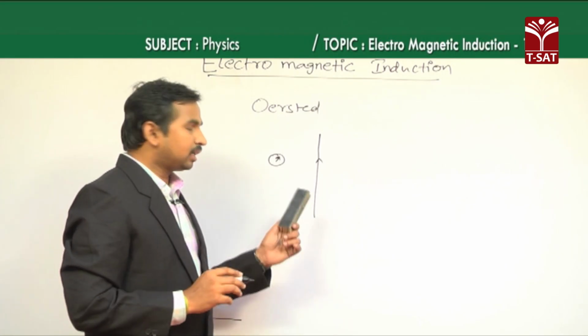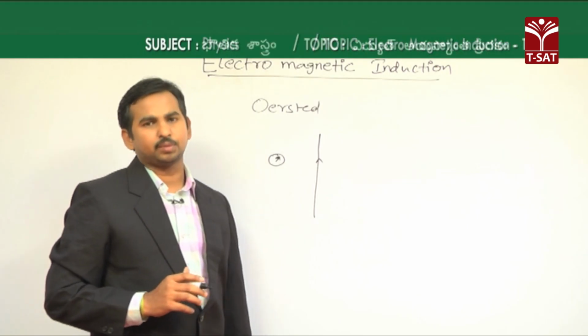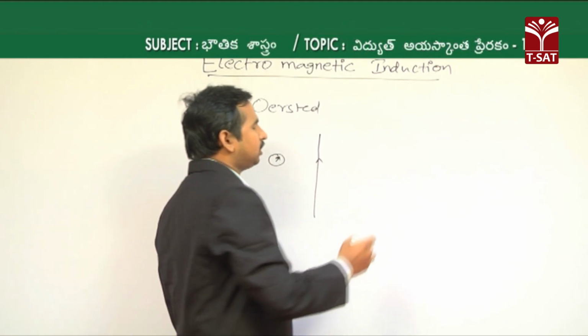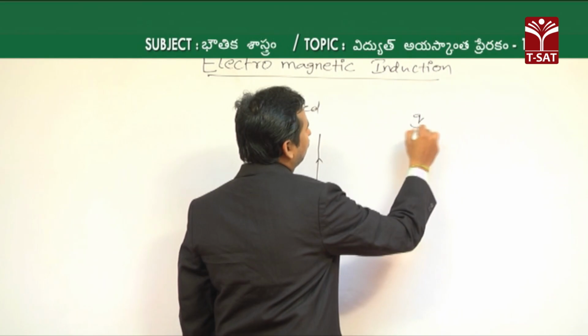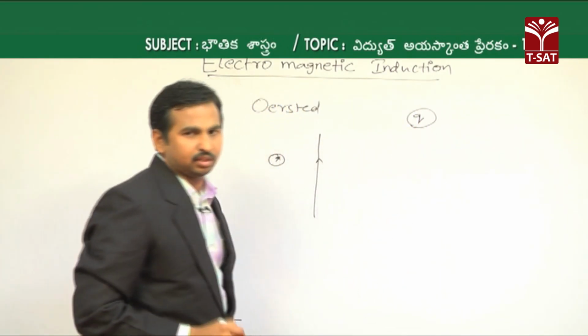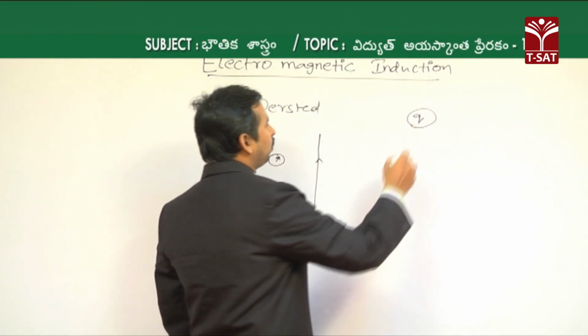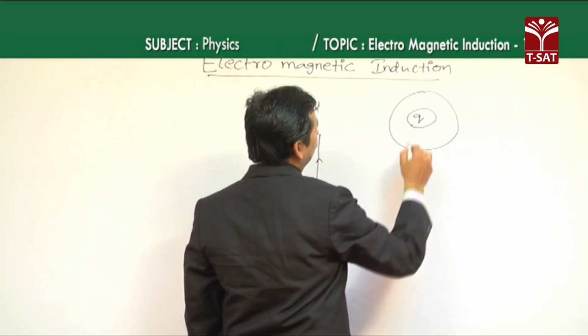But remember, current means there is a flow of charges. Whenever a charge is at rest, if you take a charge Q at rest, around it we have only an electric field.